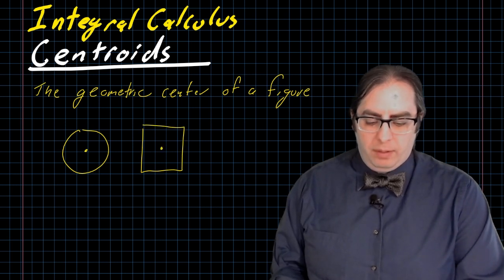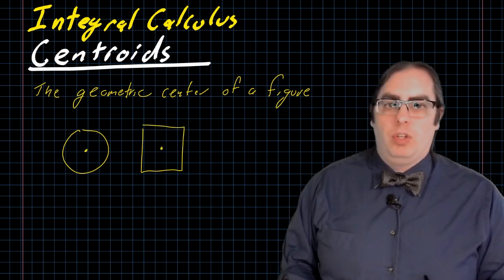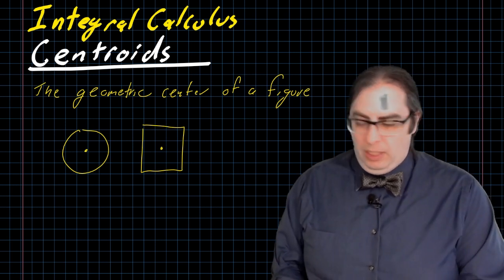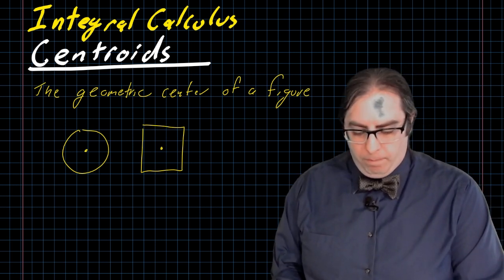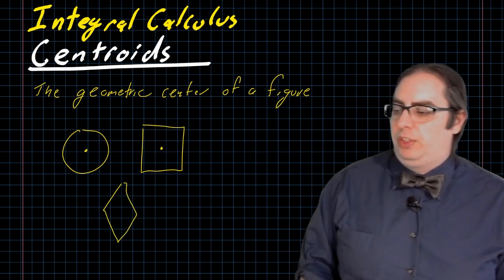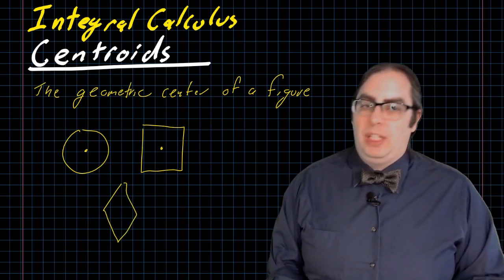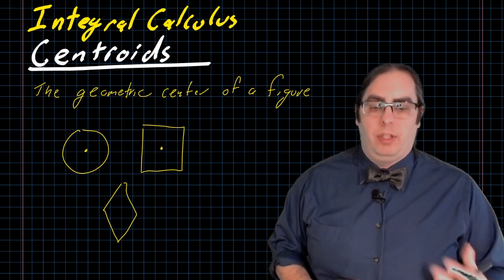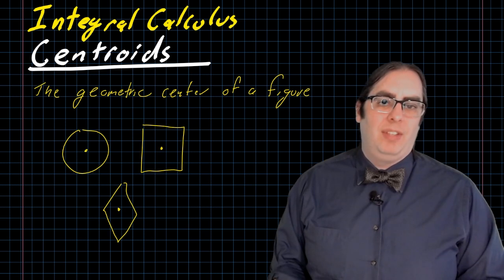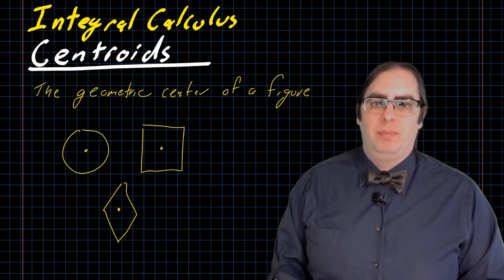For a square, again, horizontally centered, vertically centered, that's where the centroid is. And one more relatively simple geometric shape here is a diamond, which again, horizontally symmetric, vertically symmetric. The centroid is right at the center where you would think it is.